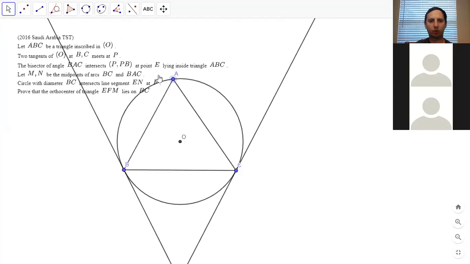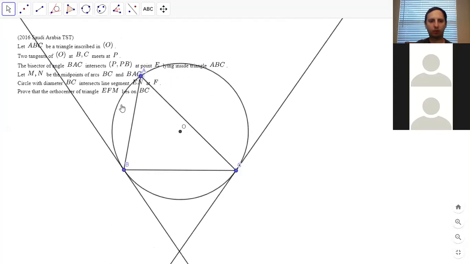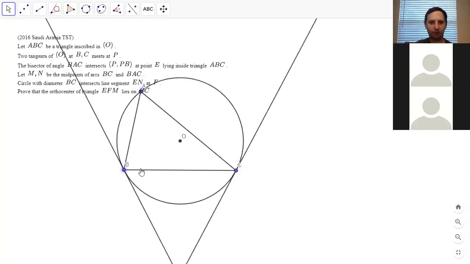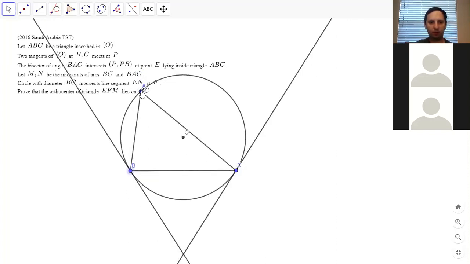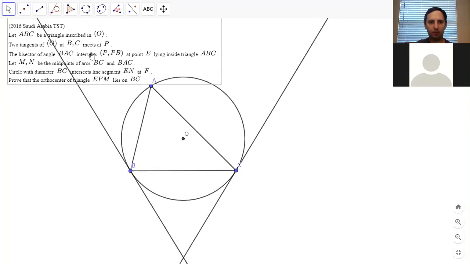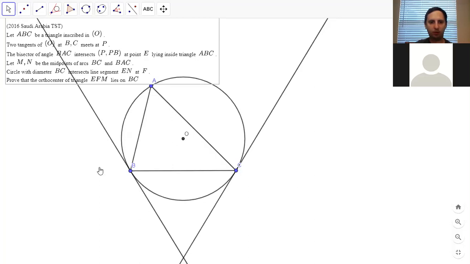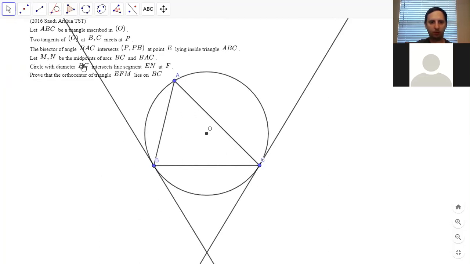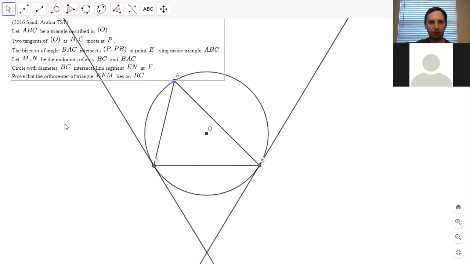Or no, actually more narrow. So something like that. Let me shrink the figure a little bit. There we go. All right.